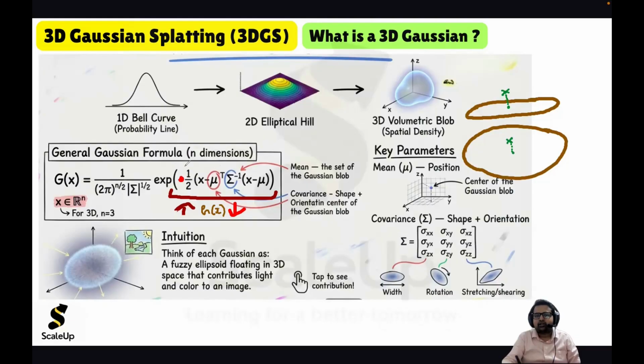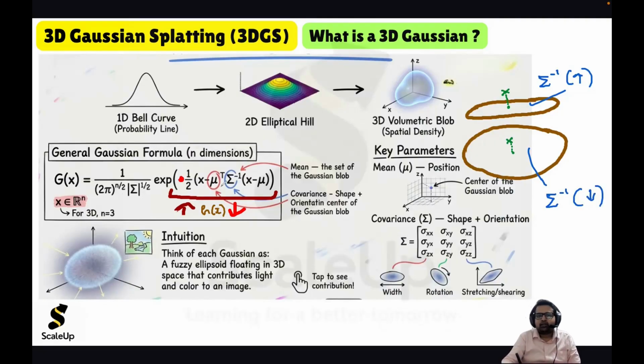And that is what is decided by this sigma inverse. Because for this 3D Gaussian, the value of sigma inverse will be very high, because here it is thin, sharp, and precise. But for this 3D Gaussian, since there is a lot of variance, the sigma inverse value will be very low.